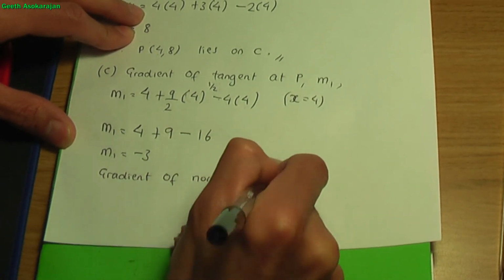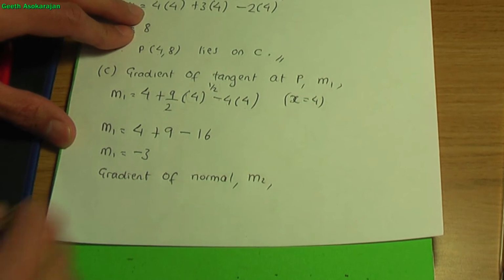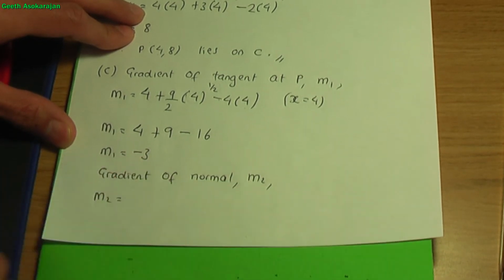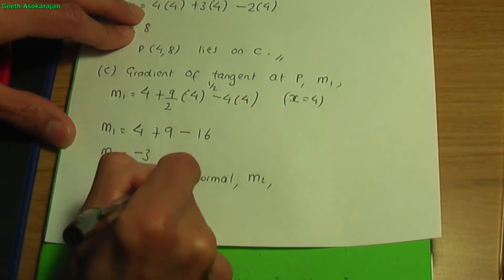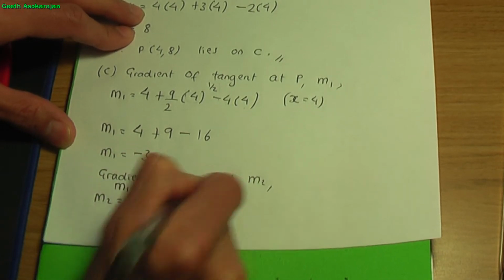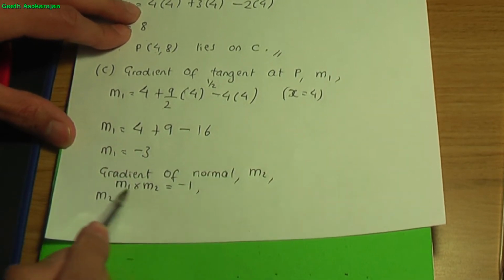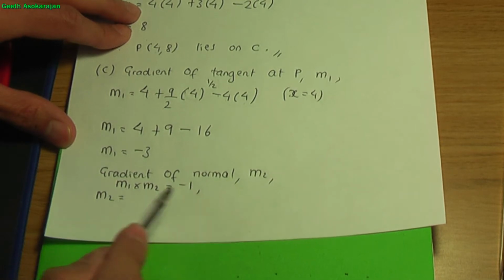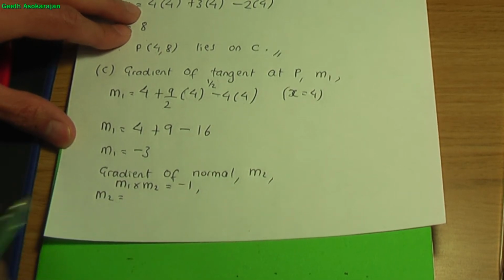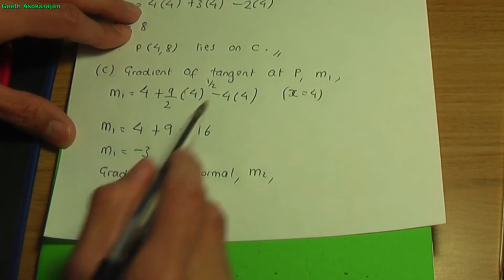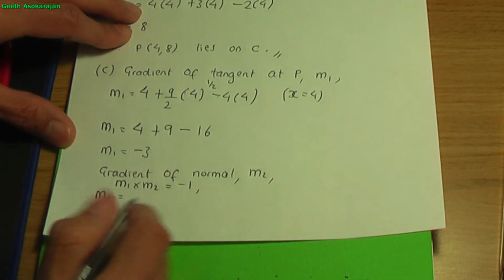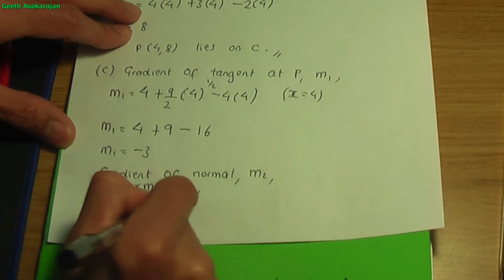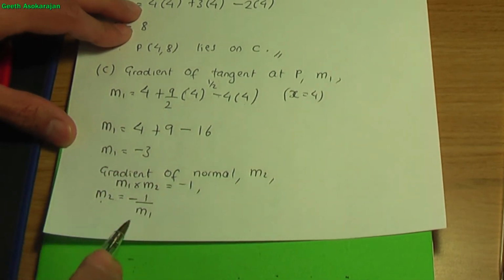The normal gradient, I normally write as m2. So we're using the fact that m1 times m2 is minus 1. The product of the gradients equals minus 1 for perpendicular lines. And since the normal is a line perpendicular to the tangent line, if I rearrange this, m2 is minus 1 over m1.